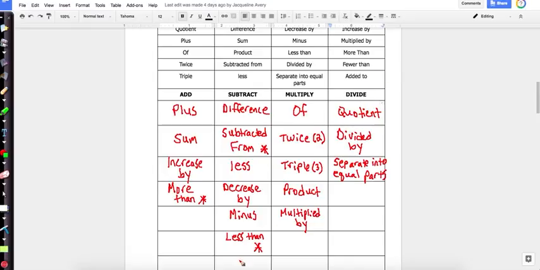Fewer than, subtraction. And once again, put a star in this box. And added to. Put a star in this box.